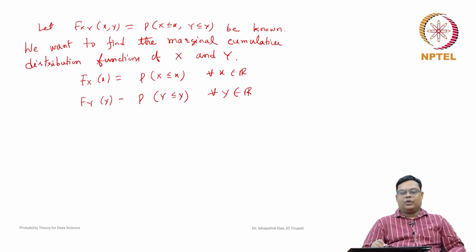So, suppose the joint cumulative distribution function is known. Now, we want to find how we can find that.